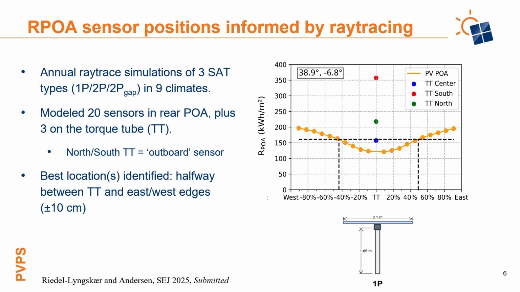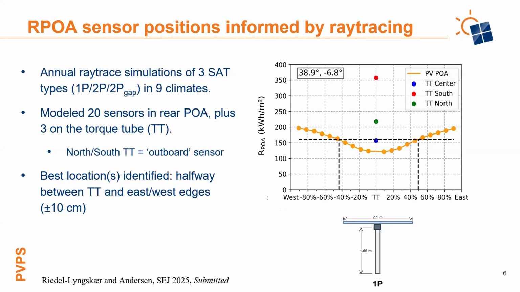The orange dots are showing you the cumulative rear plane of array irradiance for 20 points on the backside plane of array. This is for a center module. And then there's also 3 positions that we simulated on the torque tube. So the sensors would be essentially parallel to the plane of array, but they're displaced by about 15 centimeters. 1 in the center and then 2 on the north-south edges.